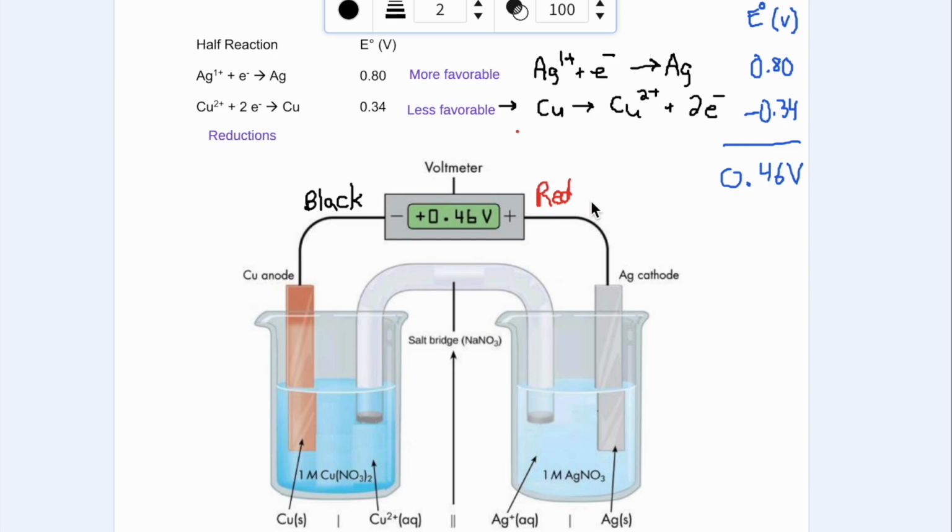You have the red wire hooked up to the anode instead. So just make a note of whether the readout is positive or negative, and then you can figure out later what that means. So the positive is supposed to be going to the cathode, the negative is supposed to be going to the anode. If you get a negative readout, then those are reversed.